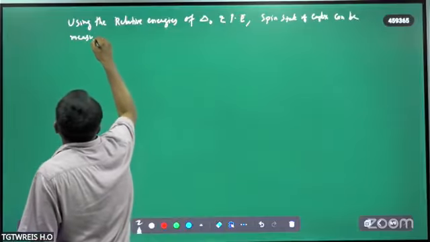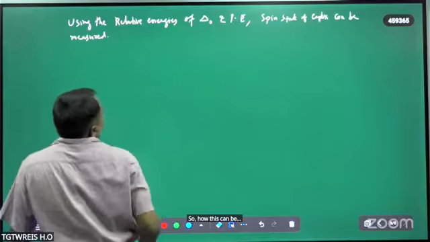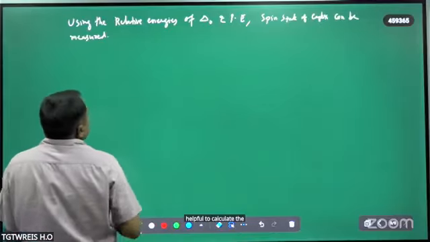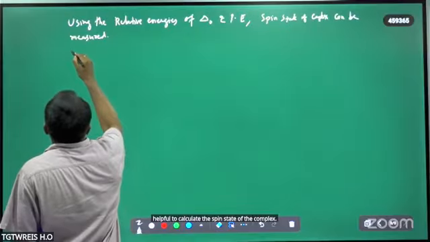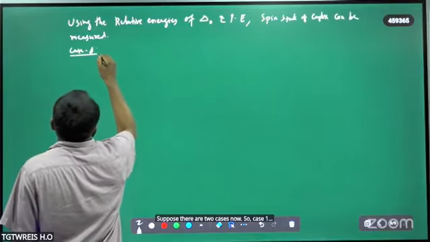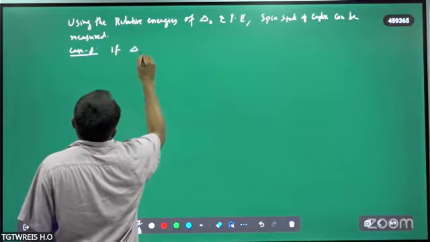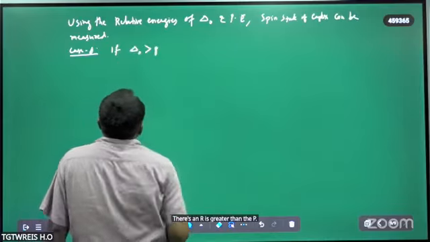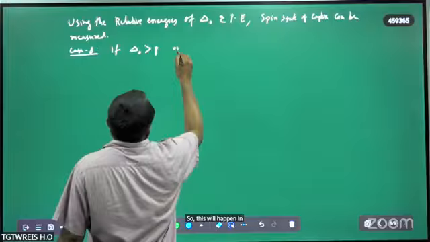So how can this be helpful to calculate the spin state of the complex? Suppose there are two cases now. Case one: if delta naught is greater than P, this will happen in the presence of strong field ligands.